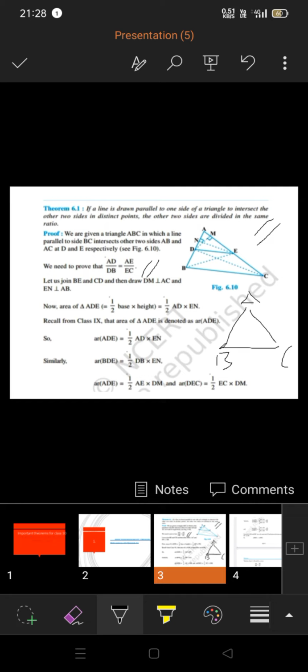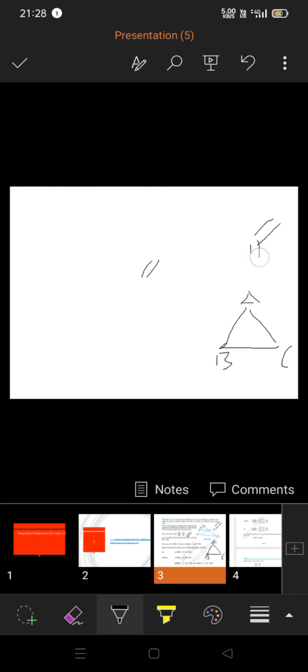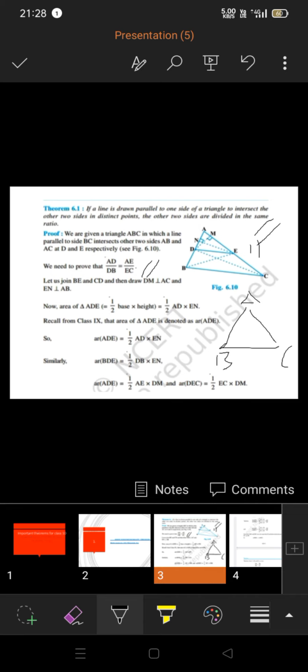Let us understand the diagram in more detail. ABC is a triangle where BC is the base and DE is the parallel side drawn to the base BC. Now, in the construction part, we are joining BE and CD.